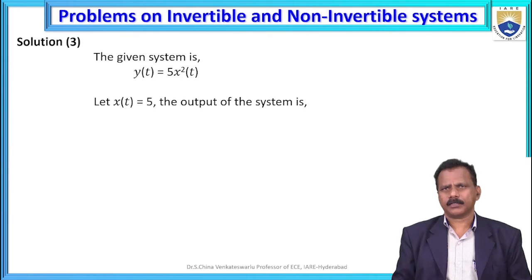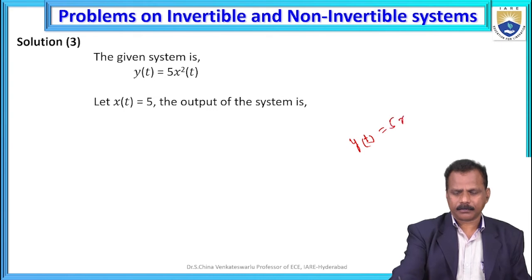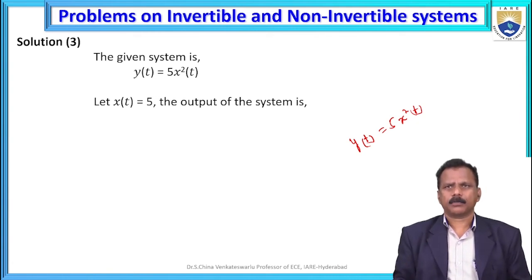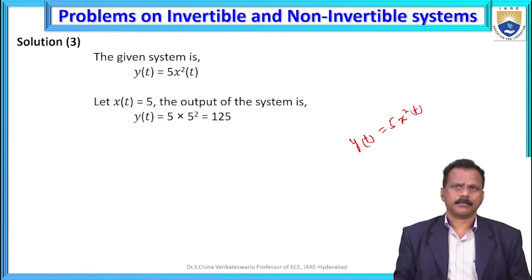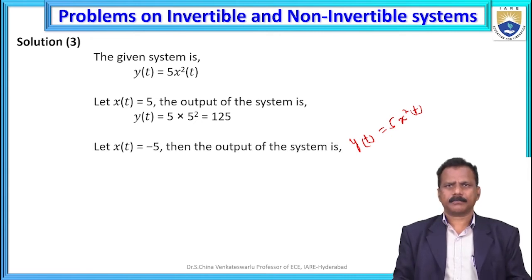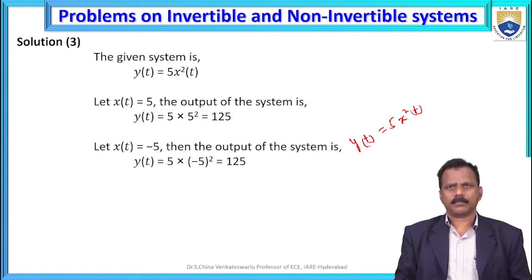With direct substitution, the output of the system is y of t equal to 5 into 5 square, which is equal to 125. Now let x of t be equal to -5. Then the output is y of t equal to 5 into (-5) whole square, which is equal to 125.